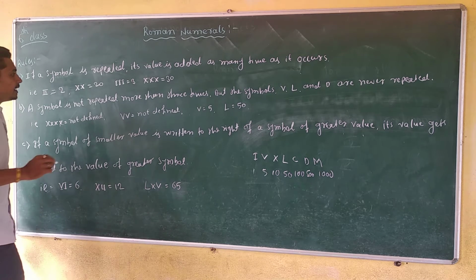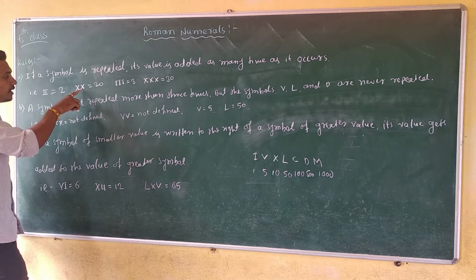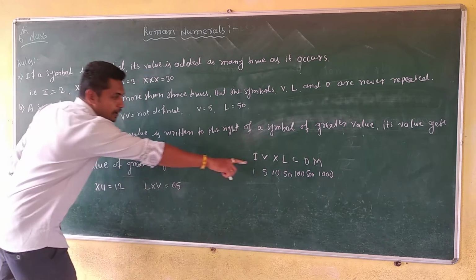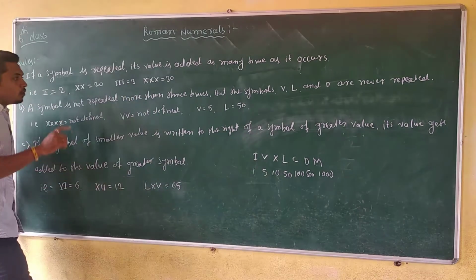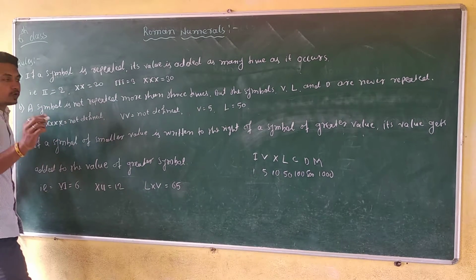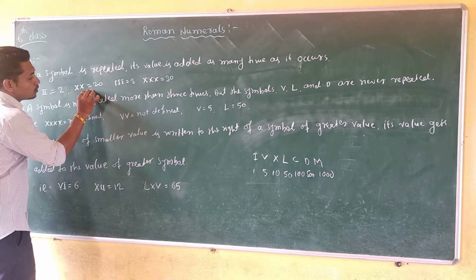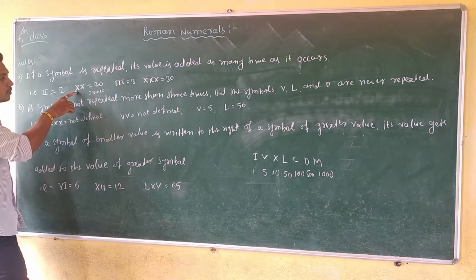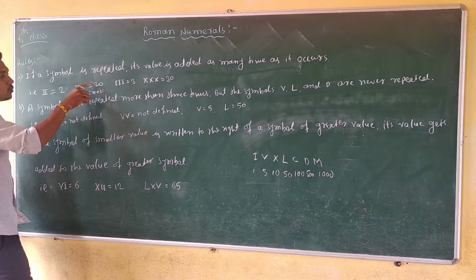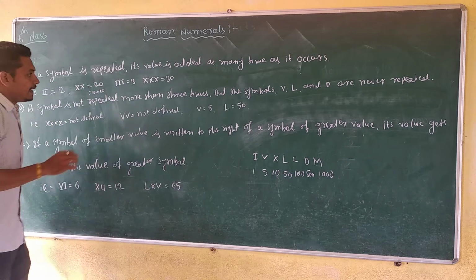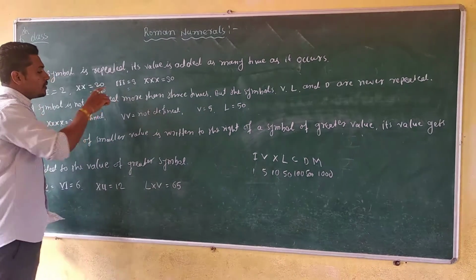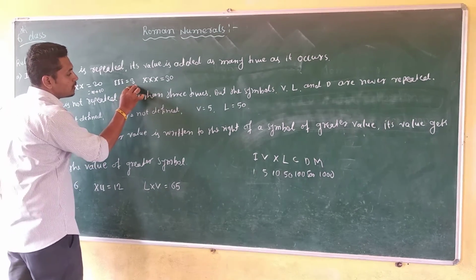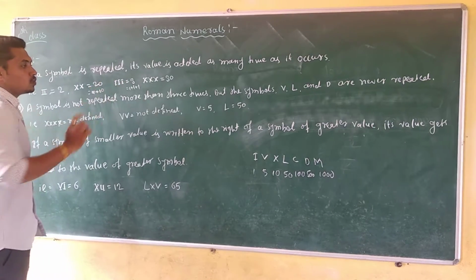So that's why 1 plus 1 is 2. Next here, XX. What is the value of X here? The value of X is 10. How many times is X repeated? 2 times. So 10 plus 10 is equal to 20. Next here, III: I is repeated 3 times, so 1 plus 1 plus 1 is equal to 3.